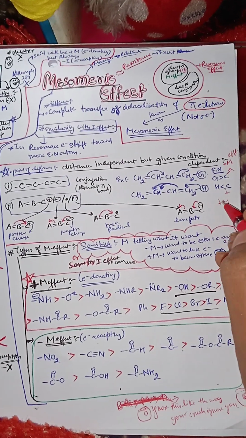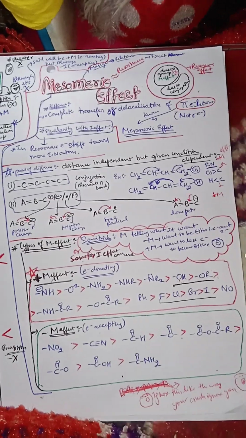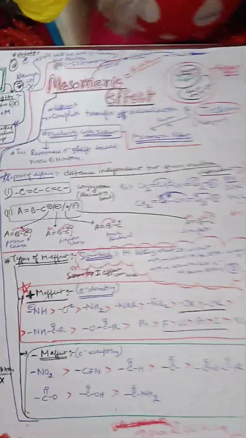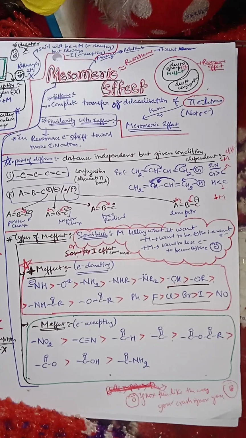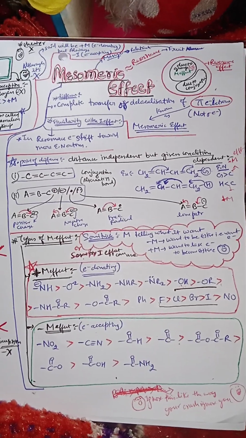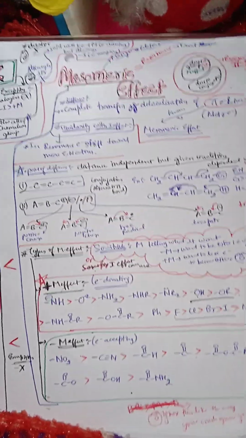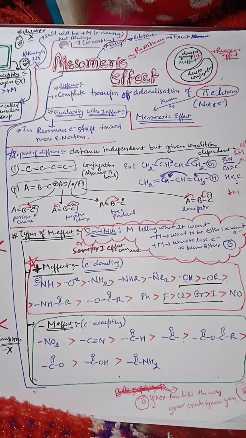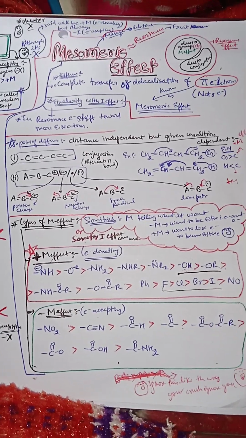It is just like plus I. M is telling what it wants: M negative means it will take electron from the carbon chain; M positive means it will give the electron to the carbon chain and become positive itself. This is one of my tricks to learn it.